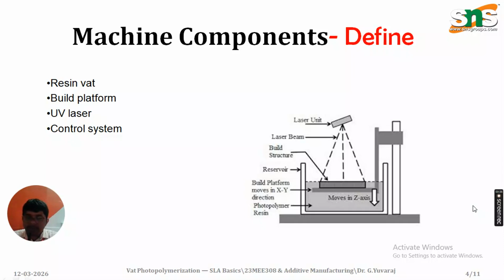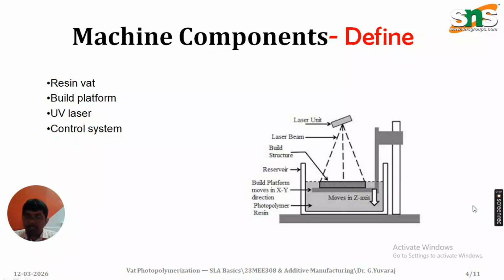In continuation with the previous lecture, in this session I am going to clarify what the major machine components used in wet photopolymerization are and how they work, what the advantages of using wet photopolymerization are, how it helps to build a structure layer by layer, and what control system has been adopted. We are going to see all of these one by one.